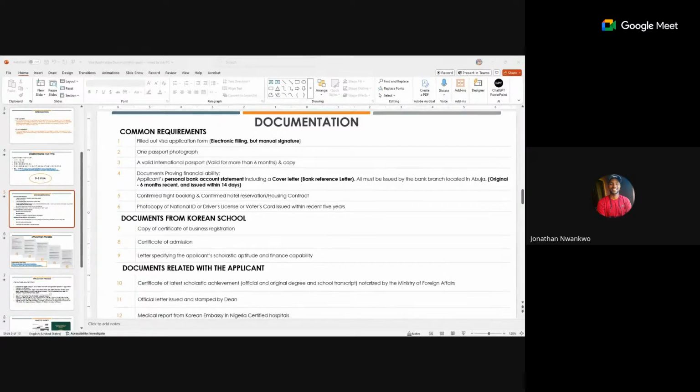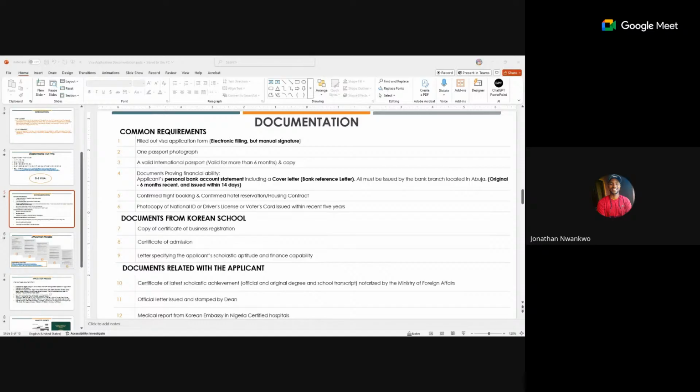Then the last one there is a medical report from the Korean embassy in Nigeria certified hospitals. They have their specific hospitals that they make use of. You need to get a medical certificate from their hospital, and not just any hospital. Someone actually at one time got one from, let's say when you're going to the UK, there's this one that they usually do, very popular.